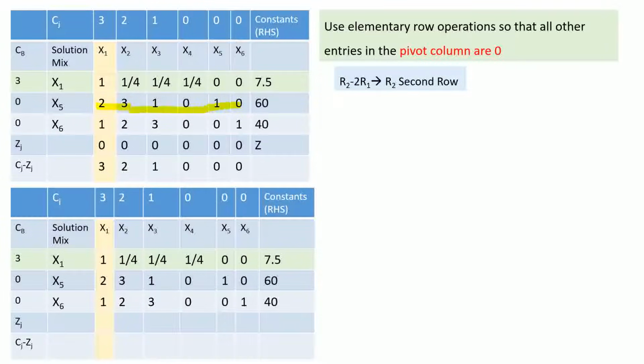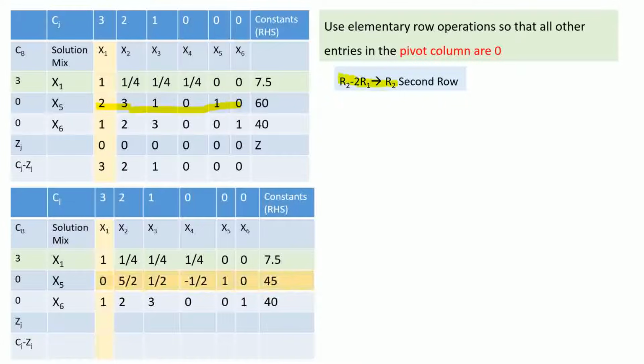So when we subtract 2 minus 2r1, it becomes 0. 3 minus 2 times 1 over 4, 1 minus 1 over 4, 2 times 1 over 4, 0 minus 2 times 1 over 4, 1 minus 2 times 0, 0 minus 2 times 0. So we replace the second row by r2 minus 2r1, and it looks like this.